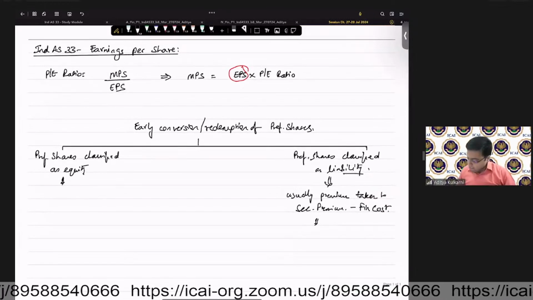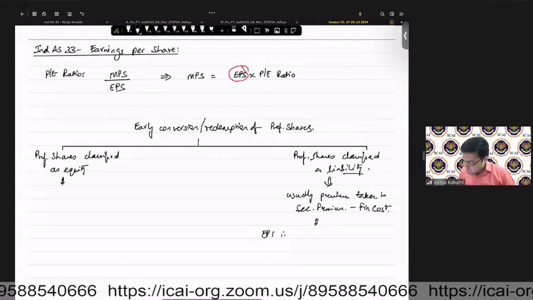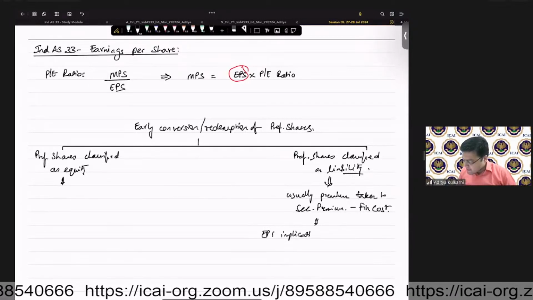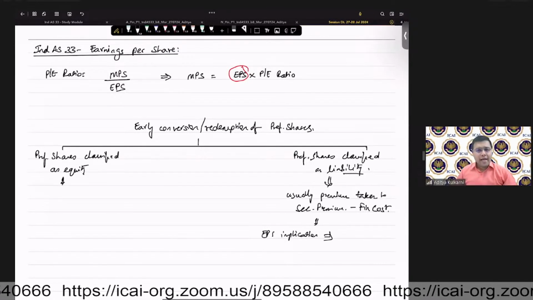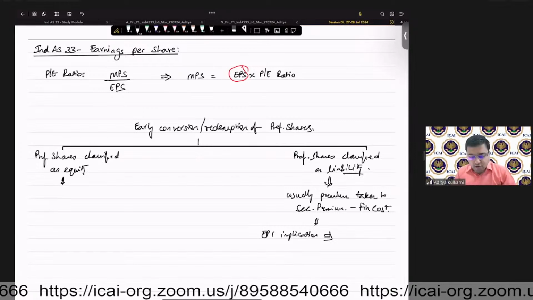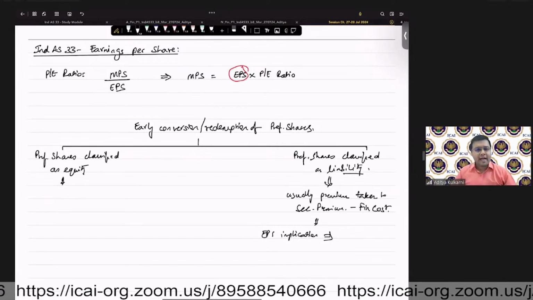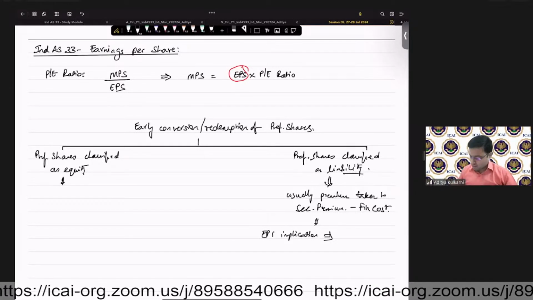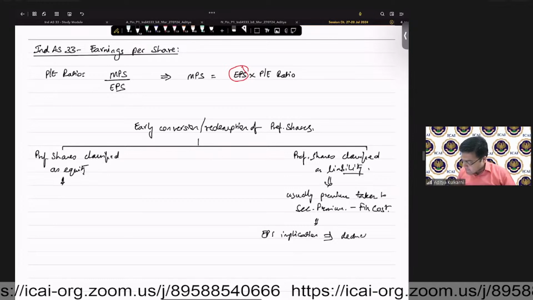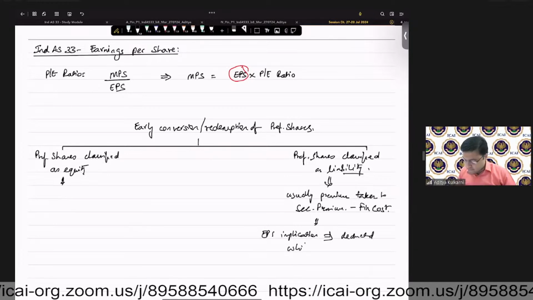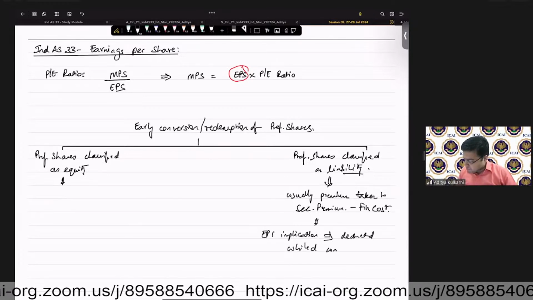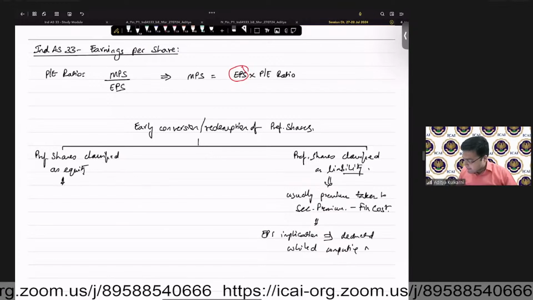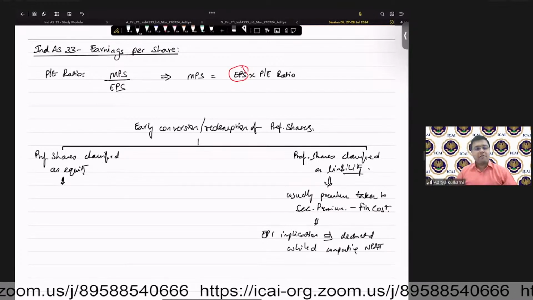So EPS implication. Will you do any specific activity for this? Answer is no. It is deducted while computing NPAT, net profit after tax.